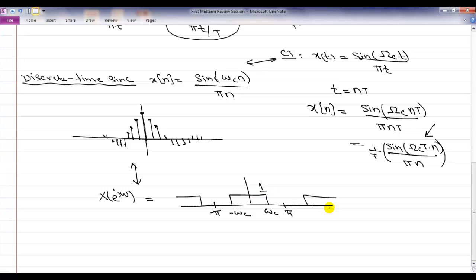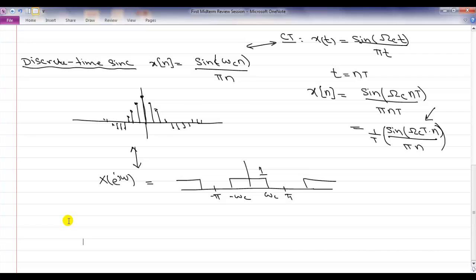So the relationship between them is that they are sort of dual of each other. The continuous time sinc has a Fourier transform which looks like a low pass filter. The discrete time sinc has a Fourier transform which is a low pass filter. Their shape is very similar. Of course, the discrete time sinc has these impulses rather than a continuous envelope. The comment I was making about the normalization is the following.